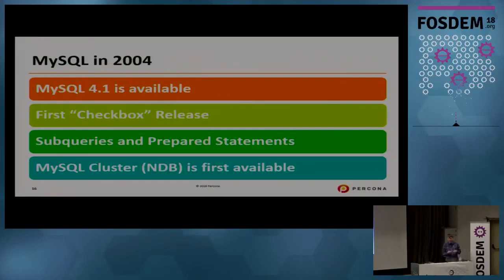So for MySQL, we have subqueries, which were introduced to MySQL, but were never quite optimized until many years later, or prepared statements, which I think are still in MySQL by far less mature than Postgres or a number of commercial databases. And that was also the year where MySQL Cluster, or NDB, first became available.